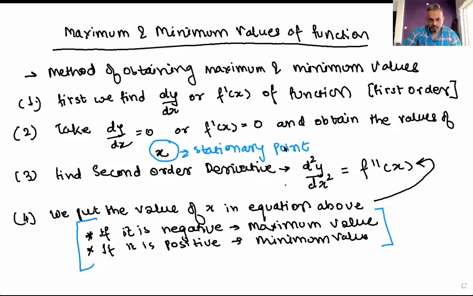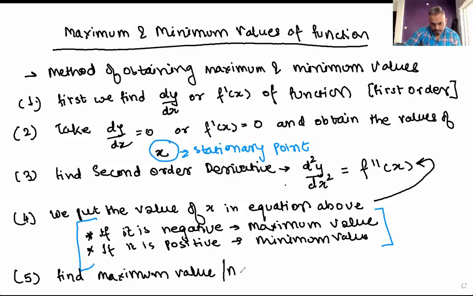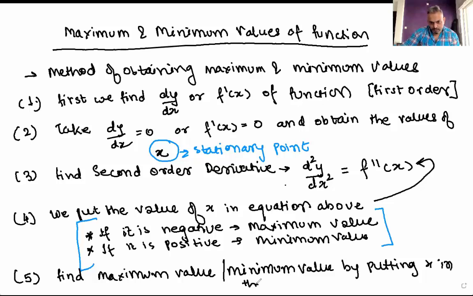Now fifth one, we find maximum value or minimum value by putting x in the given function.